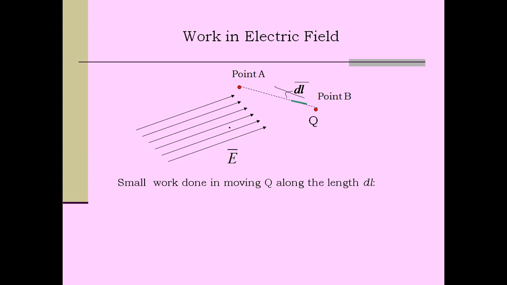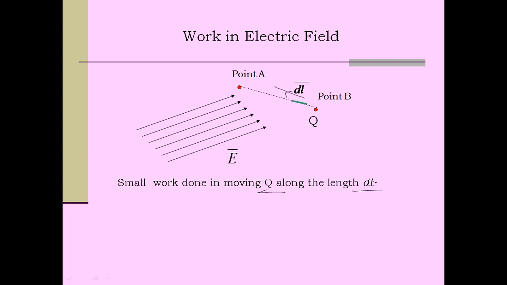Somehow we are saying that there is external energy or external work that will be required to move the charge Q in this existence of the E field. So this is the work that will be required in order to move the charge Q along the length of L.